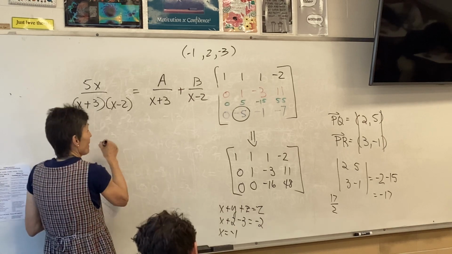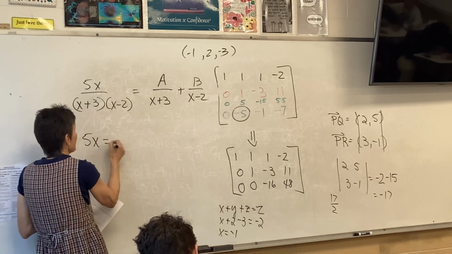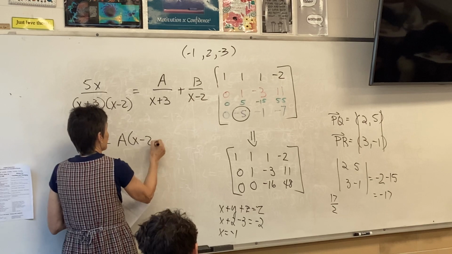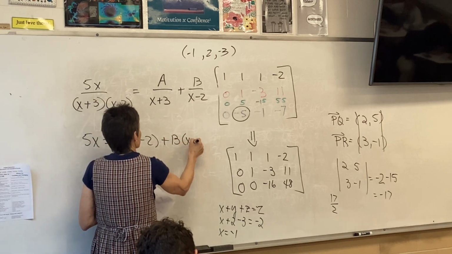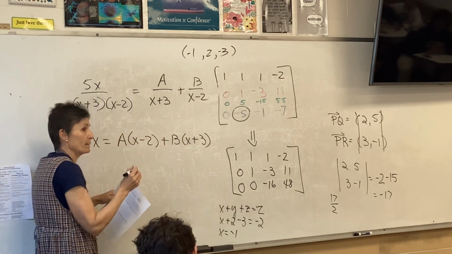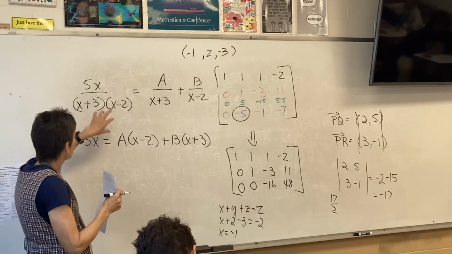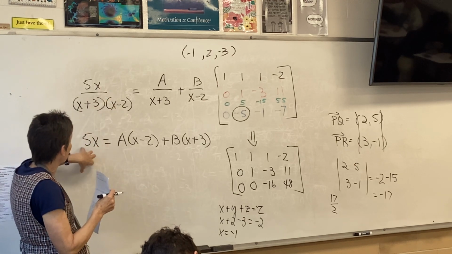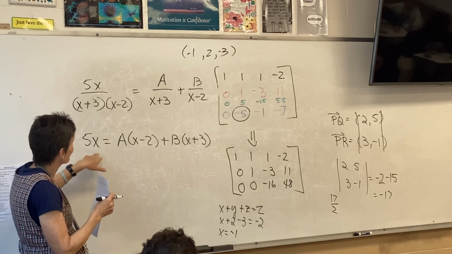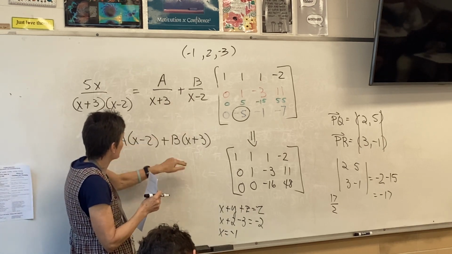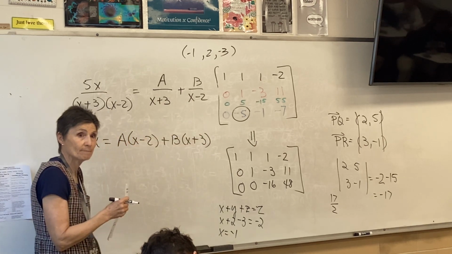And then I'm gonna clear my fractions, and so I think I'm gonna end up with this. I don't have time to write it all out, but does that make sense to you? If I multiply by my denominator, I'm just gonna have 5x over here. And then I'm gonna have A times x minus 2 and B times x plus 3.